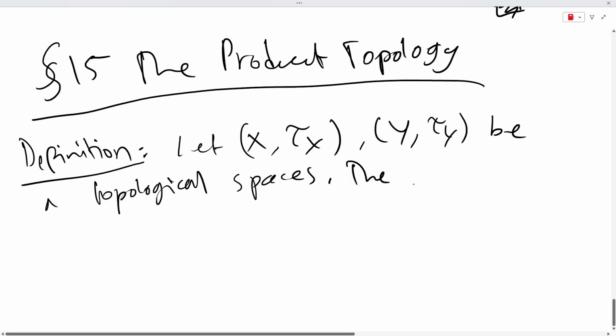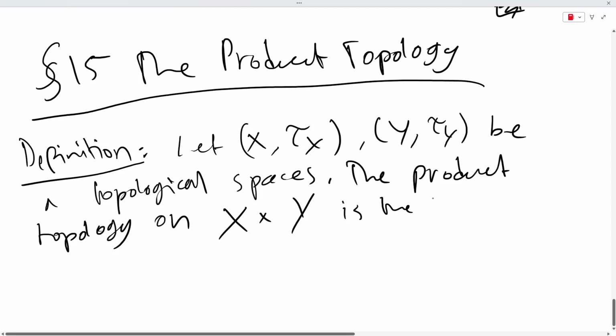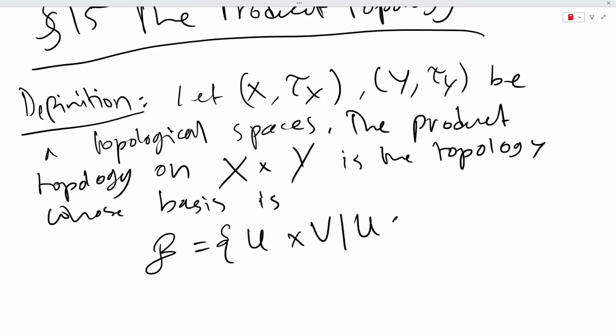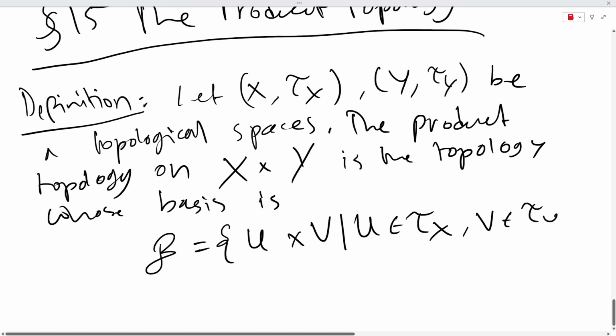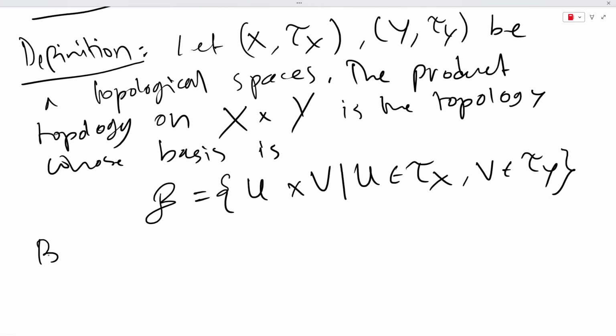The product topology on X times Y is the topology whose basis is B equals U times V, such that U is in tau_X and V is in tau_Y. So that's the product topology, and this is also a basis.